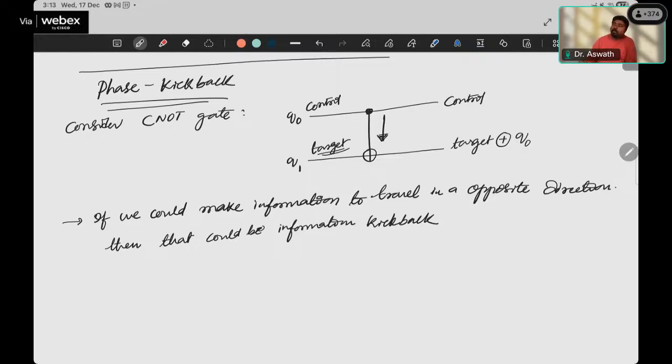It's called a phase kickback. So here, instead of information, I would say a phase is being kicked back.